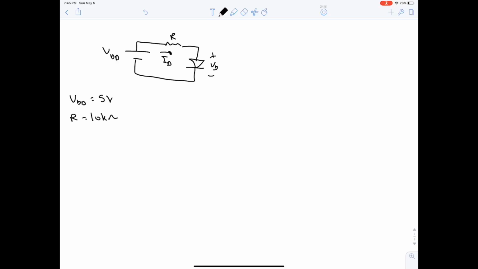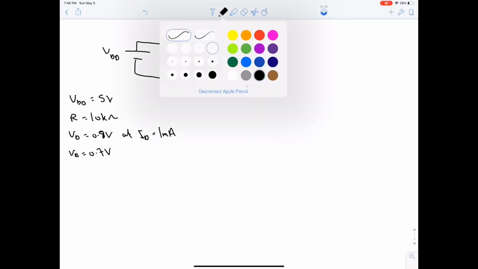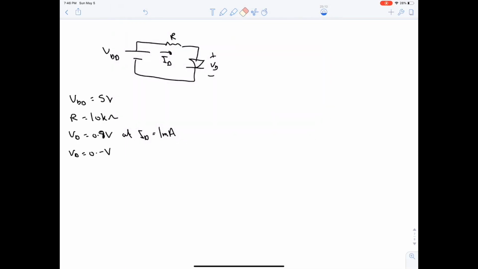VD is equal to 0.8 volt at ID equal to 1 milliampere. Let's change the default to 0.9, and this is 0.8.